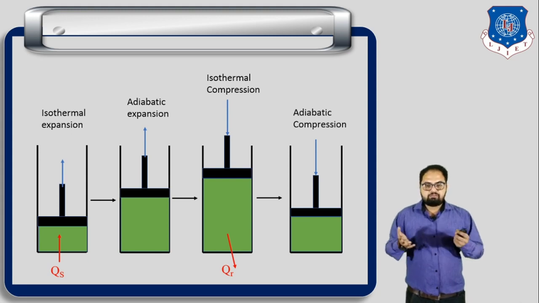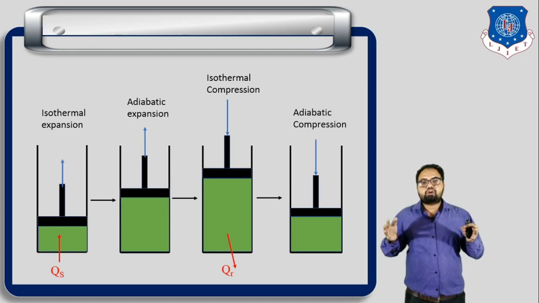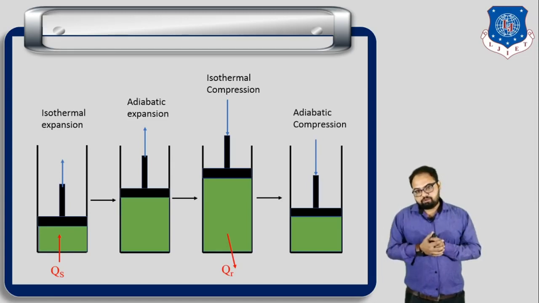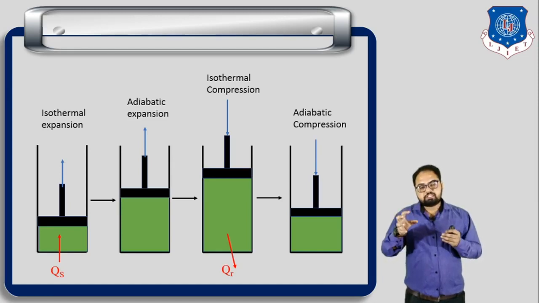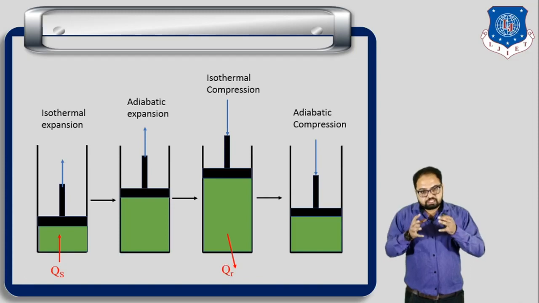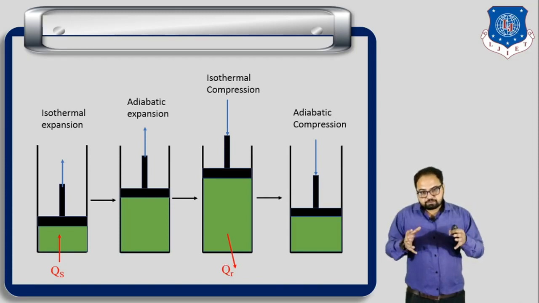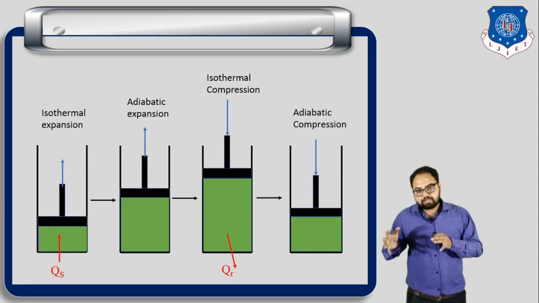But as we know that the piston and cylinder assembly is weightless, there is continuous expansion of the gas due to the heat inside the perfect gas that we have already supplied. So due to that heat there is continuous expansion of the gas, and this expansion takes place adiabatically.